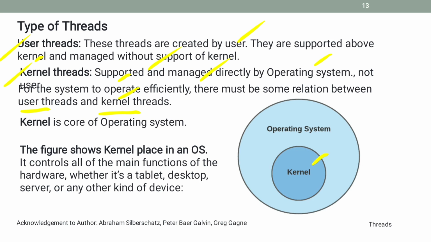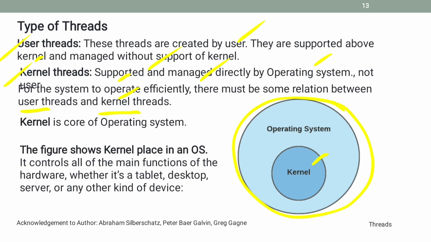Kernel is the core of the operating system. Operating system is the software that acts as the interface between the user and the computer hardware. So what user threads and kernel threads are there? There has to be some relationship established between them, then only the whole computer system can work efficiently.